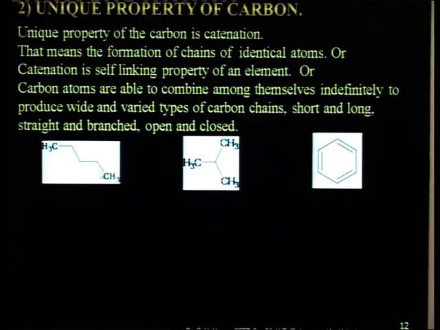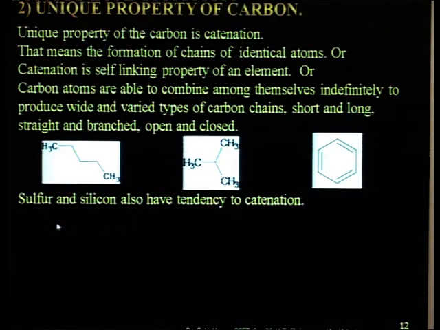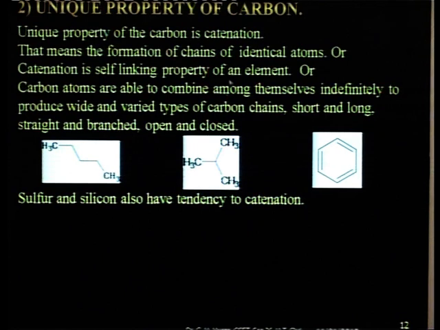This is an open chain, this is branched, this is a closed chain hydrocarbon, and so on. Even sulfur as well as silicon, which belongs to the same group as carbon in the periodic table, can also show this self-linking property.